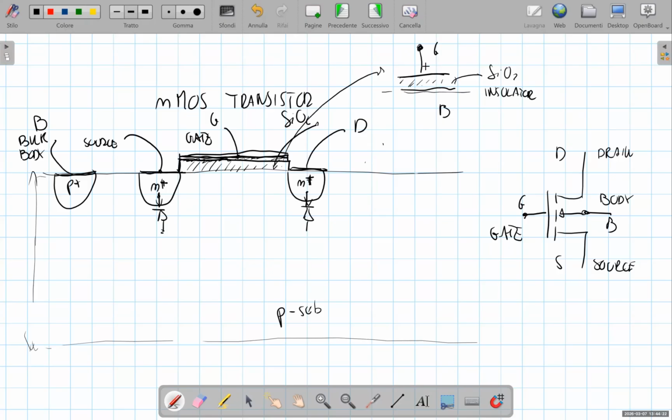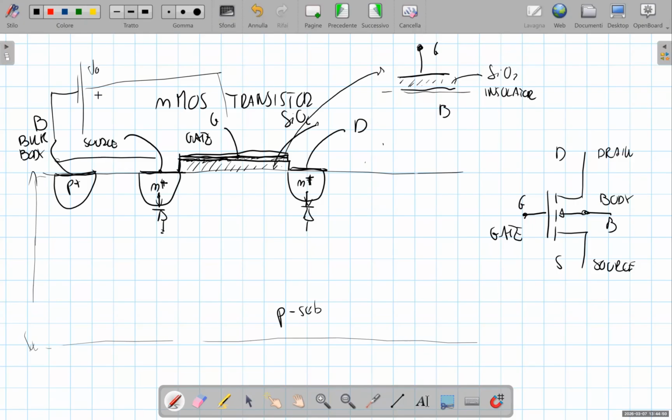When we apply a voltage between the bulk and the gate, with the positive on the gate, typically to work properly, the source should also be connected to the bulk, or should be at a voltage lower than the applied gate voltage.